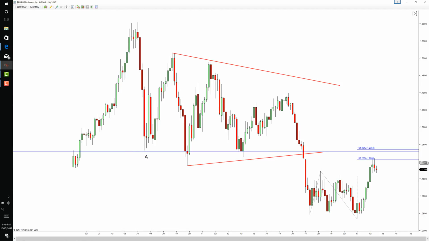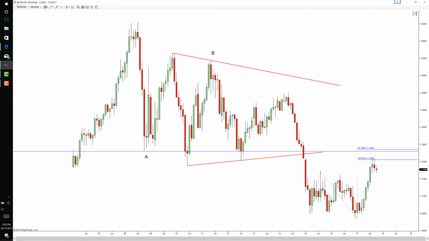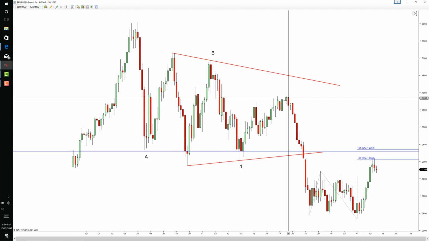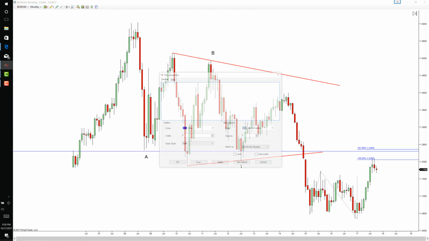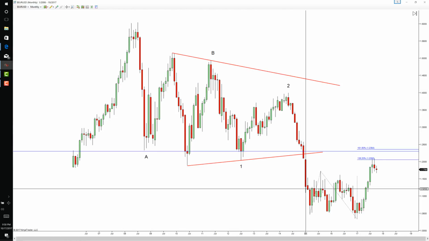I think this is an A, B, and then possible truncated C for B here. And then you have 1, 2. So then basically you have 1, 2, clearly a 3-wave move down.